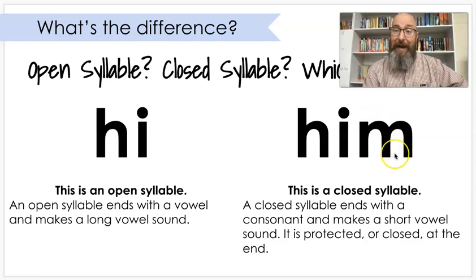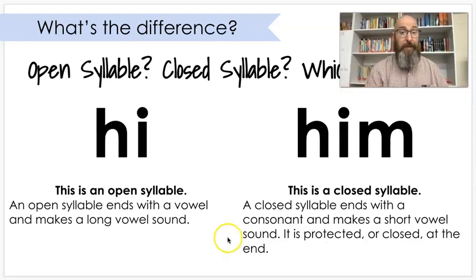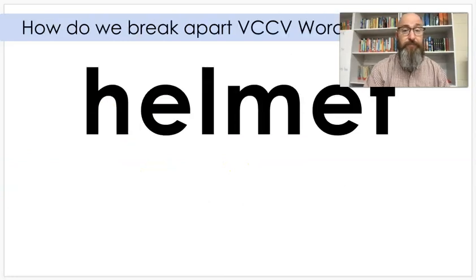Once I put a letter behind it, M, I've closed it, I've guarded it, I've protected it. A closed syllable ends with a consonant, M, and makes a short vowel sound. It's protected or closed at the end. And when it's protected or closed or guarded, it makes a short vowel sound. Does that help? Hi, him. That's how it works.